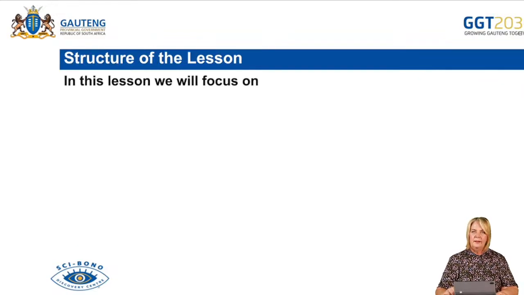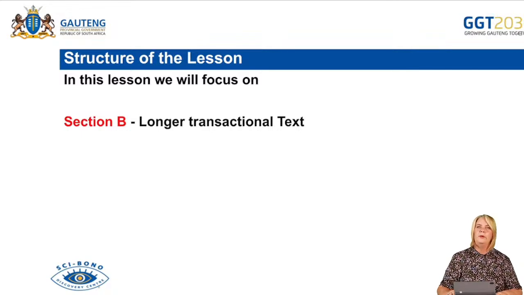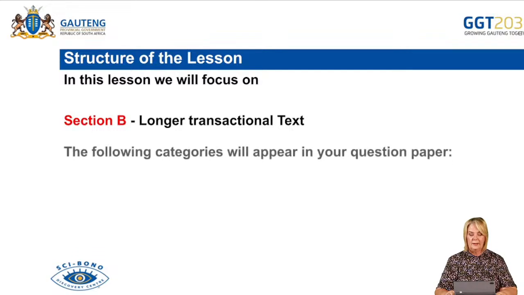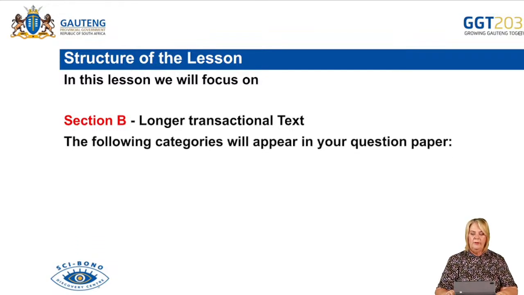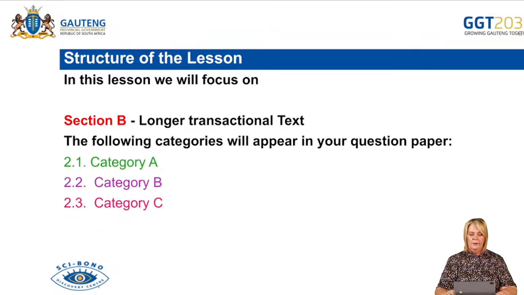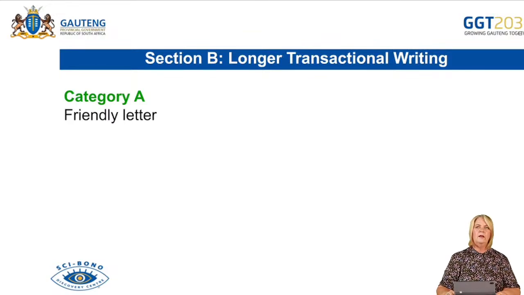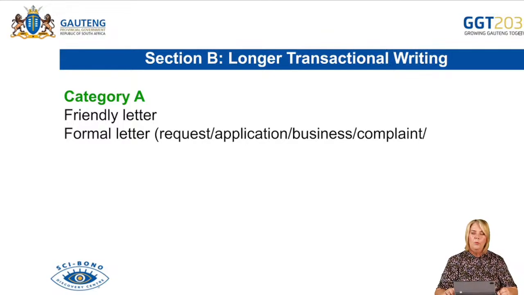In today's lesson, we will focus on section B, the longer transactional text. The following categories will appear in your question paper: 2.1 category A, 2.2 category B, or 2.3 category C. Now let's take a closer look at category A. You might get the friendly letter, the formal letter.